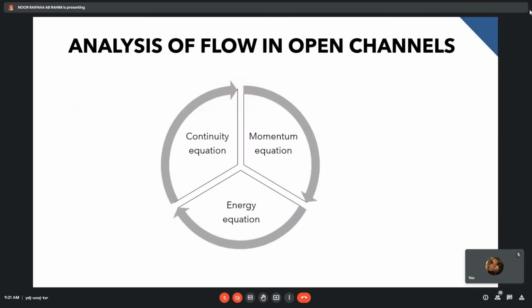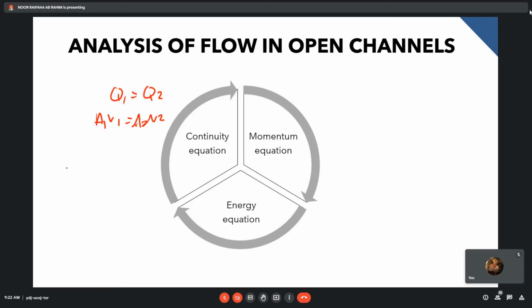So untuk analysis for flow in open channel, equation ni memang kena tahu. Tapi equation ni semua dah belajar masa dalam fluid mechanics. So you kena apply je lah. So continuity equation semua tahulah, Q1 equal to Q2 ataupun A1V1 equal to A2V2.